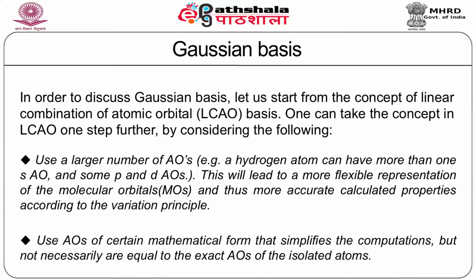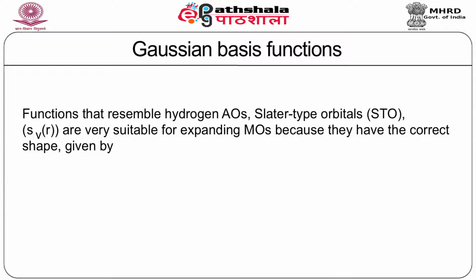Secondly, use of atomic orbitals of certain mathematical form that simplifies the computations but not necessarily are equal to the exact atomic orbitals of the isolated atoms. Functions that resemble hydrogen atomic orbitals are the Slater type orbitals, which we show here as S nu function of r.